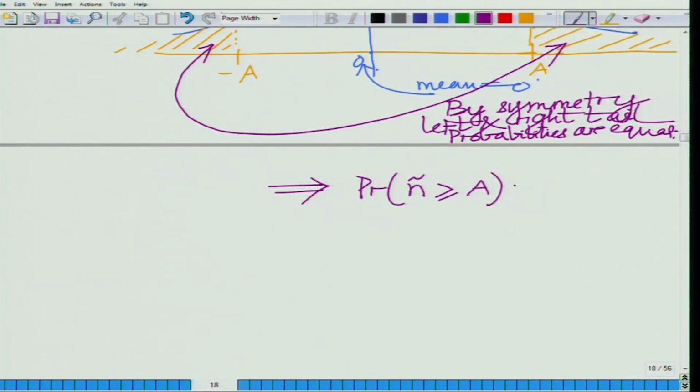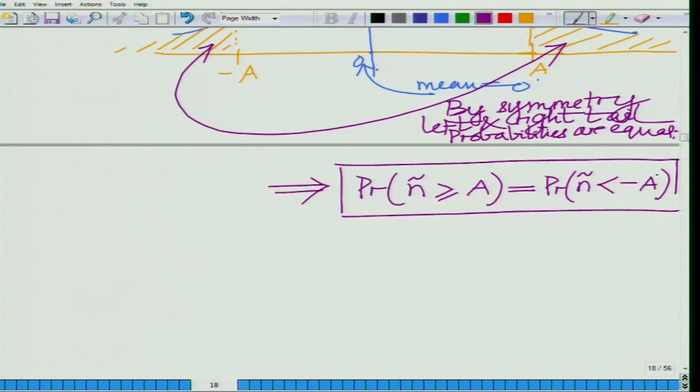So, I will write this is equal to the probability n tilde less than minus A, and this is actually correct because the probability of that one point A is 0. So, this basically follows by symmetry.